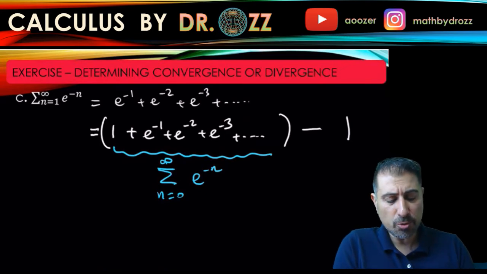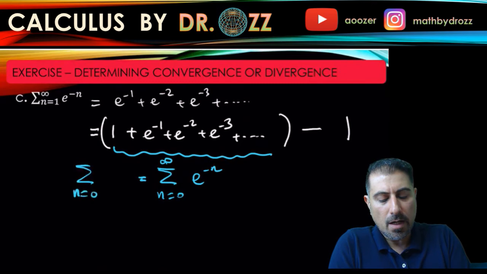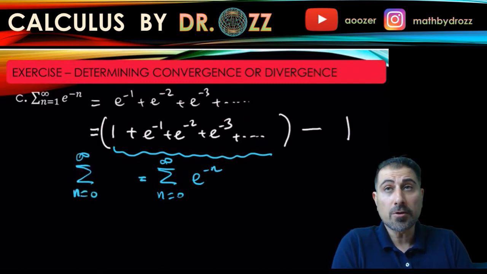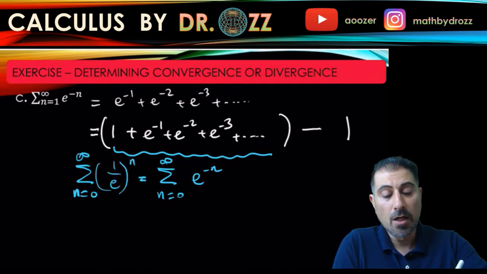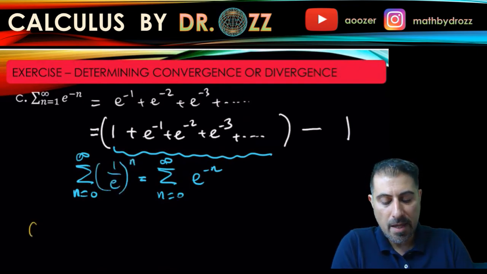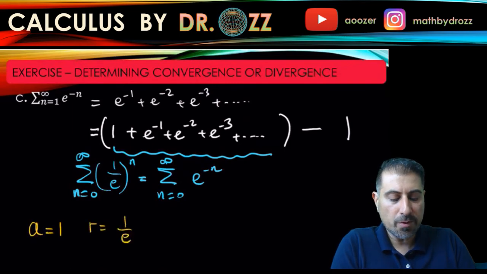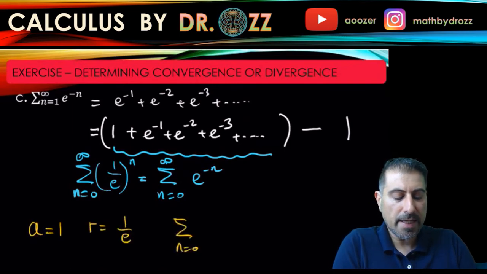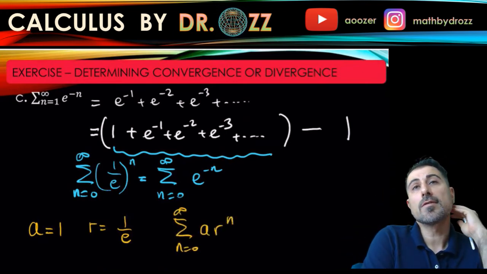And why is it a geometric series? Because the general term, you can write the reciprocal of that. It's e to the minus n, in fact 1 over e to the power of n. Here, the good news is that a is 1 and r equals 1 over e, because we have the exact same form of a geometric series.